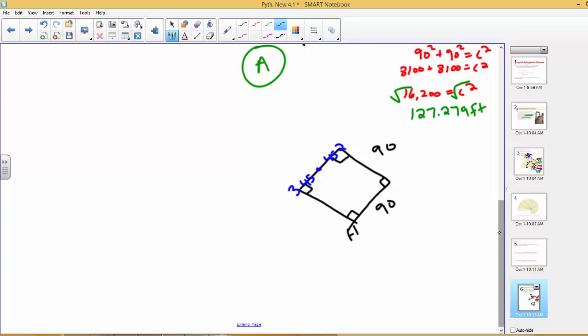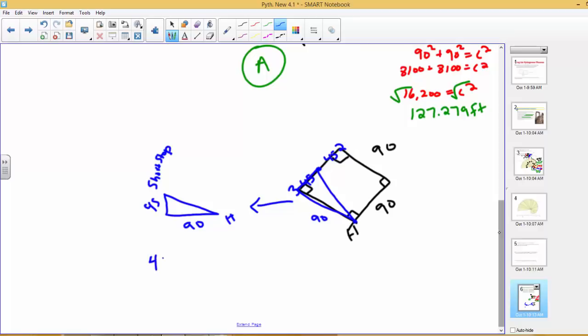How far is the throw from home to shortstop? So you're looking at this lovely right triangle. So it's a 45 by 90, and here's the throw from home to shortstop.